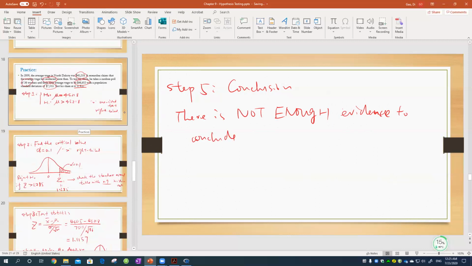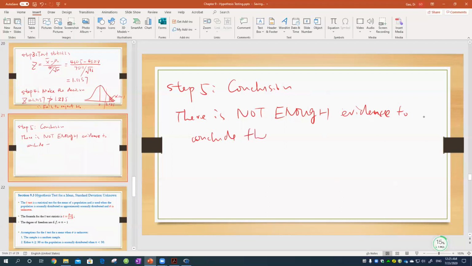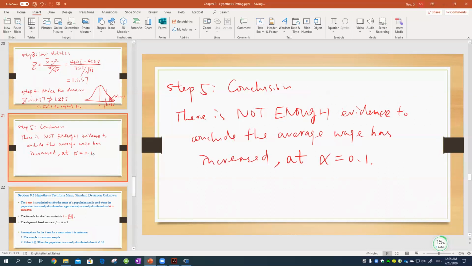To conclude the average weight has increased. Not yet. We need to specify the significance level, alpha equals 0.1. So this is the conclusion. There is not enough evidence to conclude the average weight has increased at alpha equals 0.1.